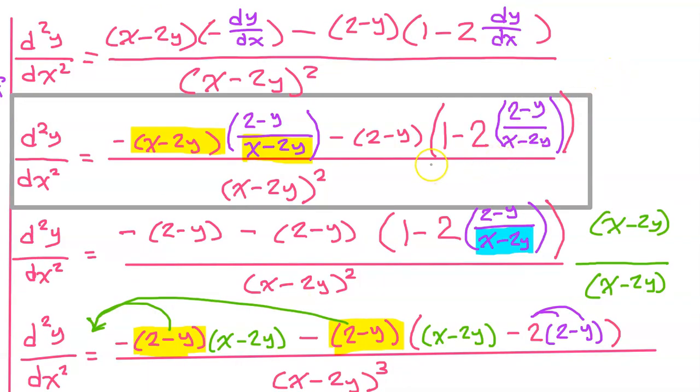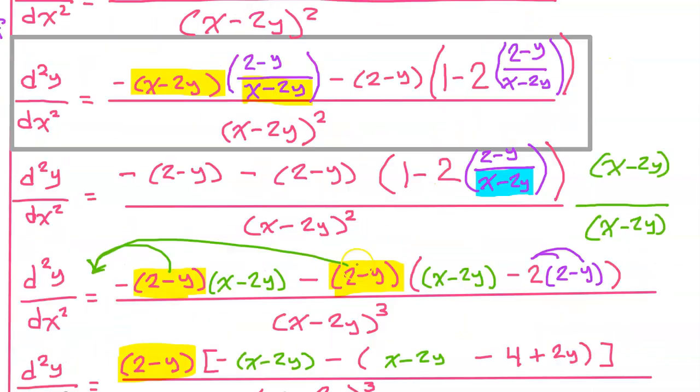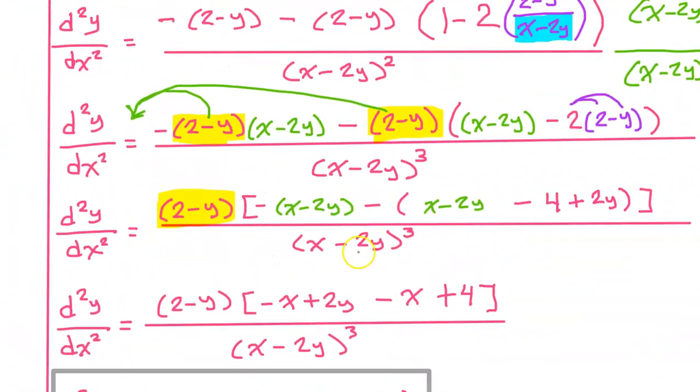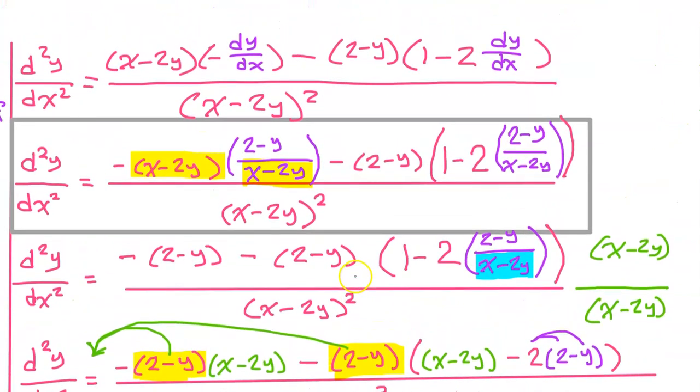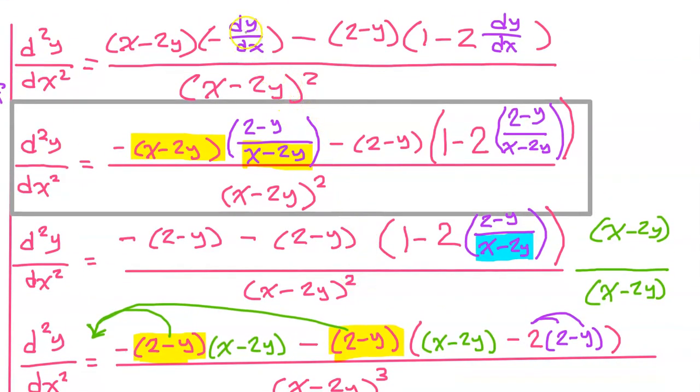Before I end this video, I want to be clear about one thing. Remember way back, I'm scrolling way back to this step when we first substituted for dy dx and we got this expression right here. Technically, this was an acceptable answer. If you were doing a free response question, the minute you substituted 2 minus y over x minus 2y for the dy dx's, you could have stopped and put this expression for your answer.